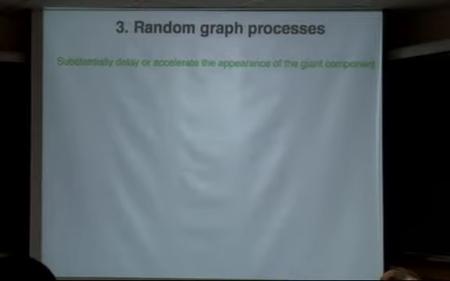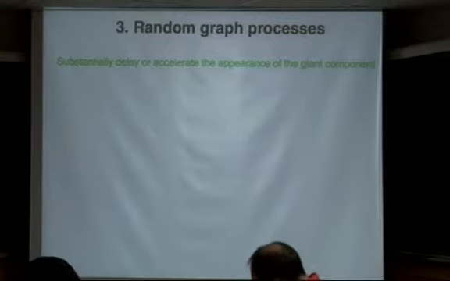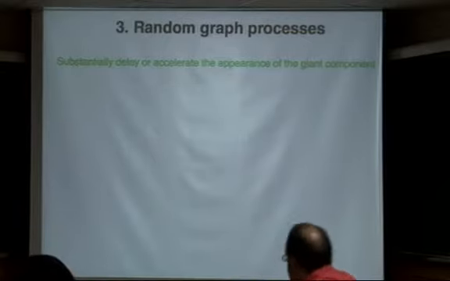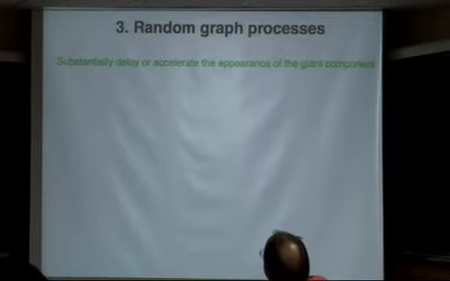In each step of the process, a single edge or several edges are added according to a prescribed rule. Sometimes you can also delete edges. As you wish, you can define a Markov process so that at the end you have the graph that you want to study, like triangle-free graphs or K4-free graphs.